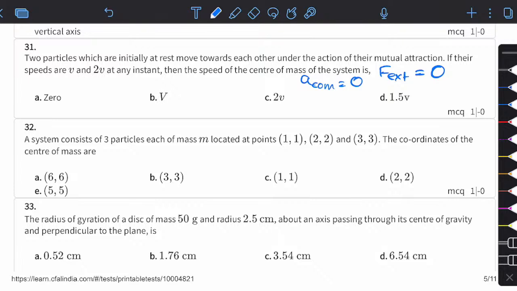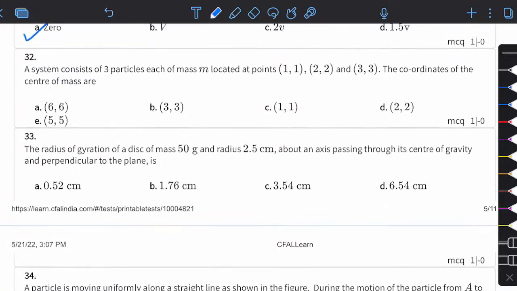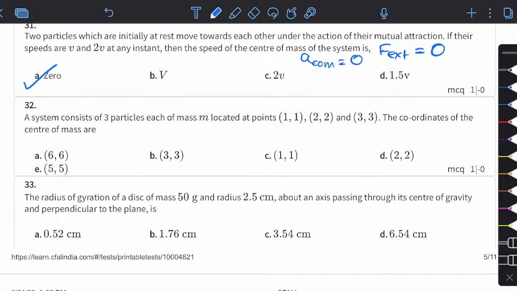Now, since the particles are initially at rest, and since the center of mass shouldn't accelerate, therefore the center of mass should remain at rest. So the speed of the center of mass is 0. It's a simple question if you're familiar with the concept, but it's very important.